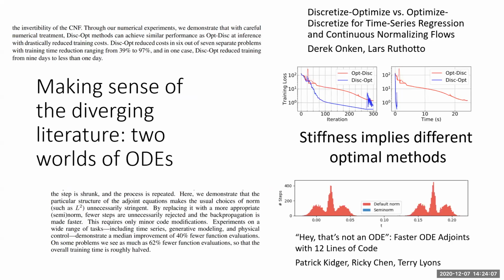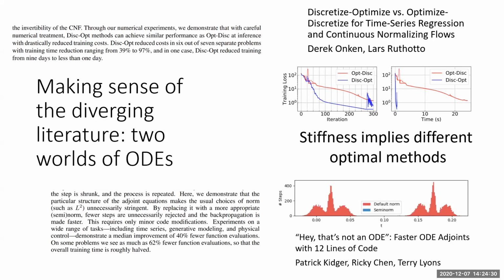But there's an interesting thing going on in the literature, which is that some individuals are saying that you can do this, decrease the tolerance, and make this really fast. In other cases, parts of the literature describe that if you do this exact method, here's the way that it fails.